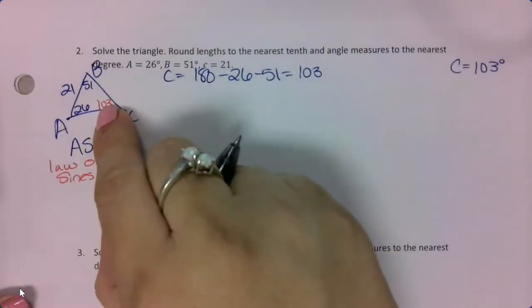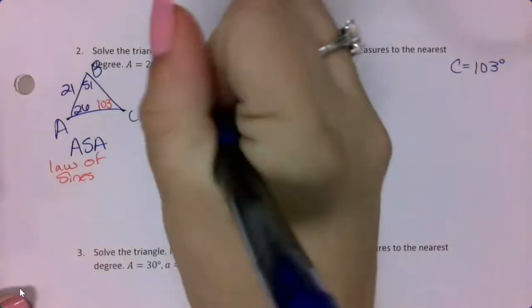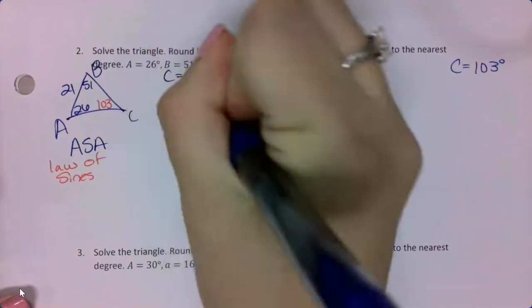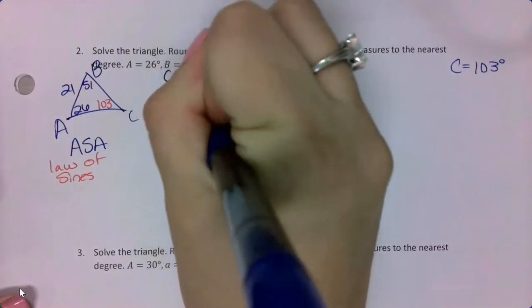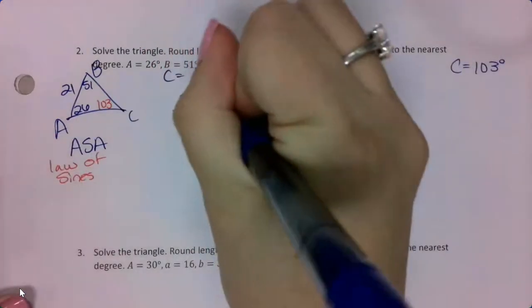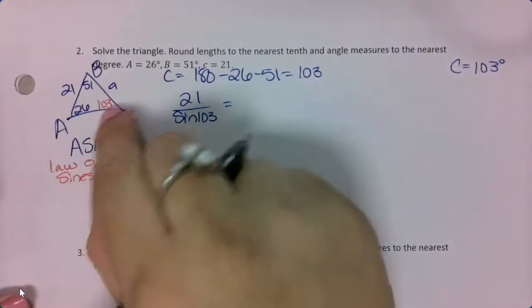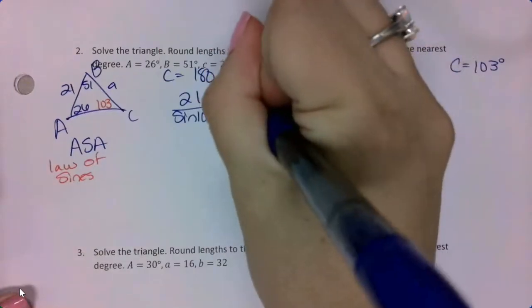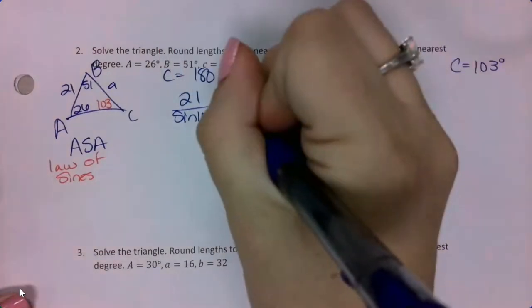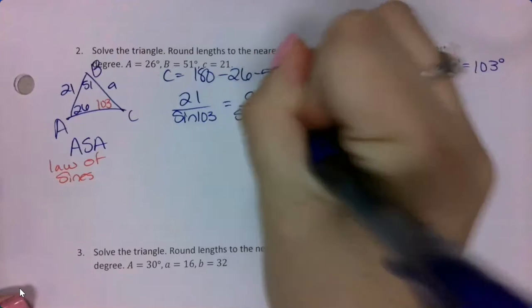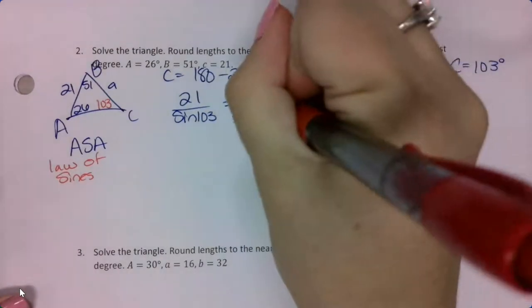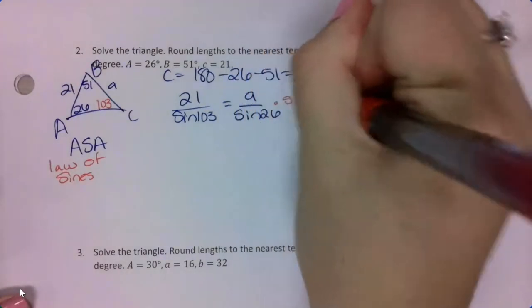My side length and angle that go together are C. So I'm going to have 21 over sine of 103. I'm going to start by looking for my side length A, which is this one in between B and C. It's always across from the angle it matches. So I'm looking for side length A, and I have sine of 26. I'm going to isolate my variable. I'm going to multiply both sides by sine of 26.